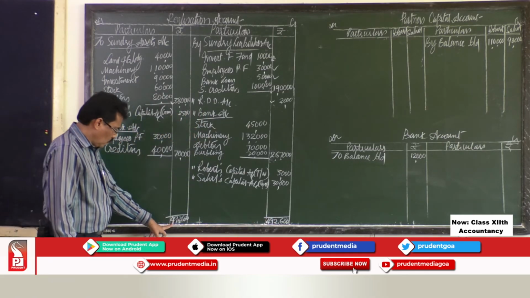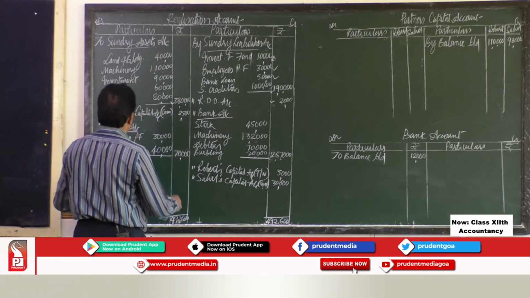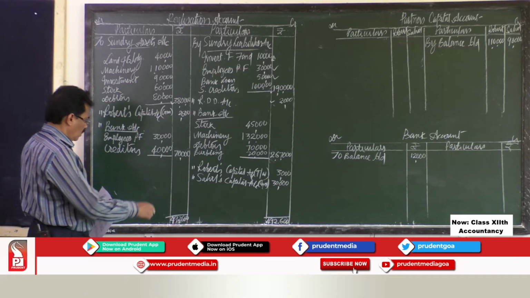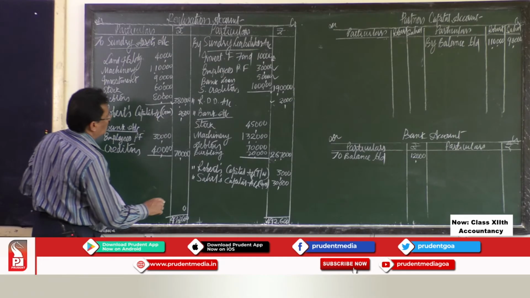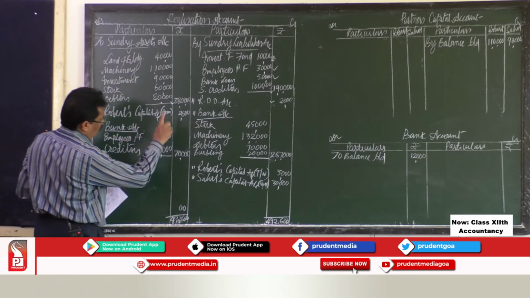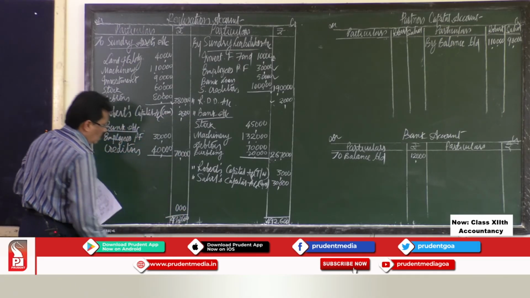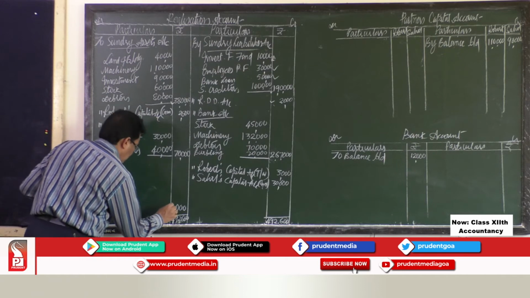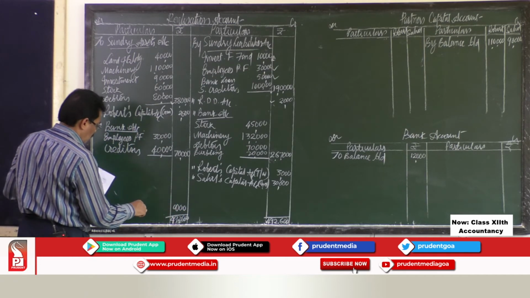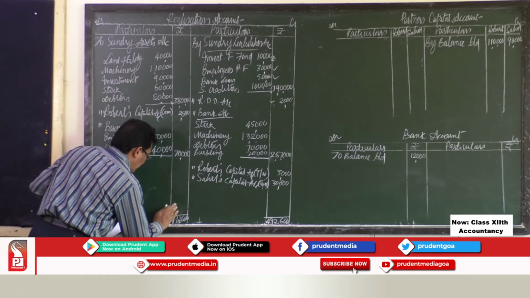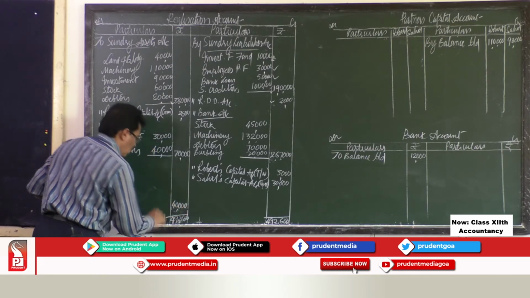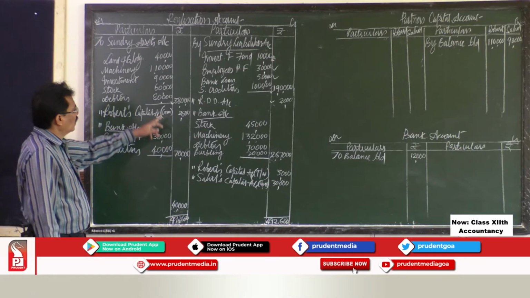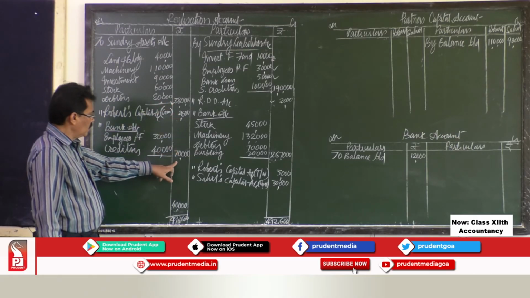Bring the same total to the debit side. From this, 3,80,000 plus 2,600 plus 70,000.